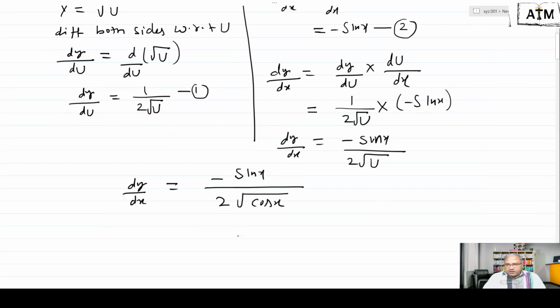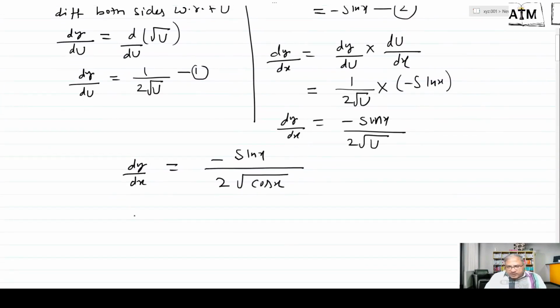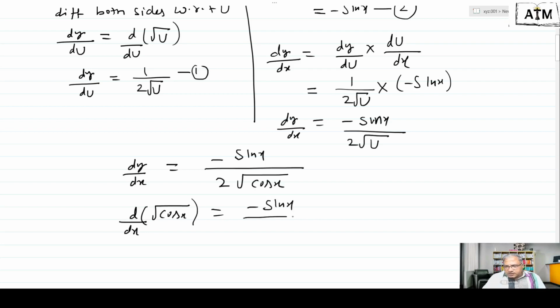Finally we can write, differentiation of root cos x with respect to x equals minus sin x upon 2 into under root of cos x. So this is the answer.